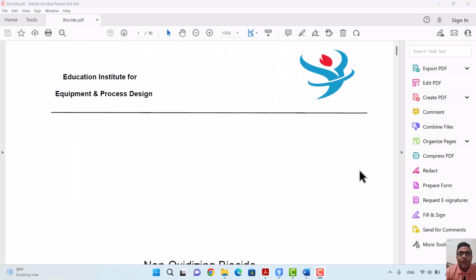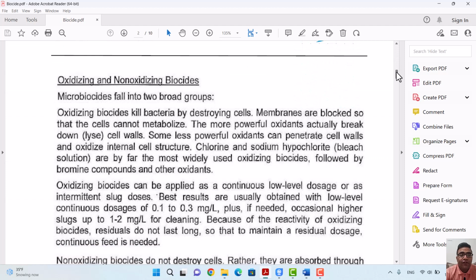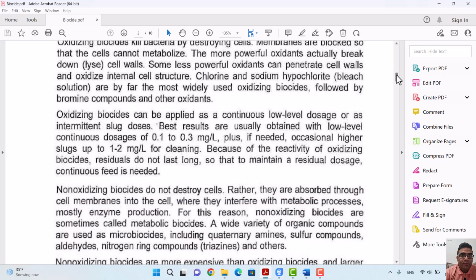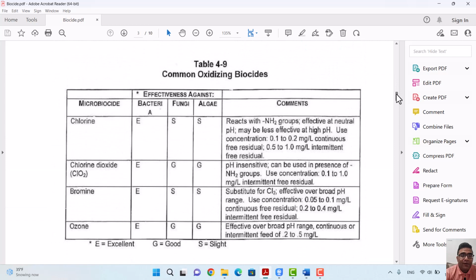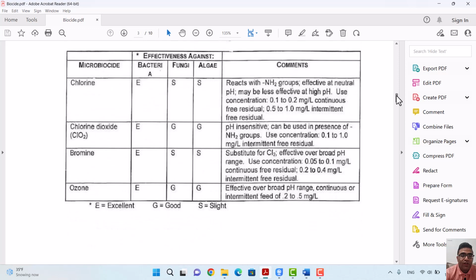So let's review what we have learned from the start of the lecture to the end point. At first, we talked about oxidizing and non-oxidizing biocides and their mechanisms. Then we talked about common oxidizing biocides, their characteristics, and their performances against bacteria, fungi, and algae.